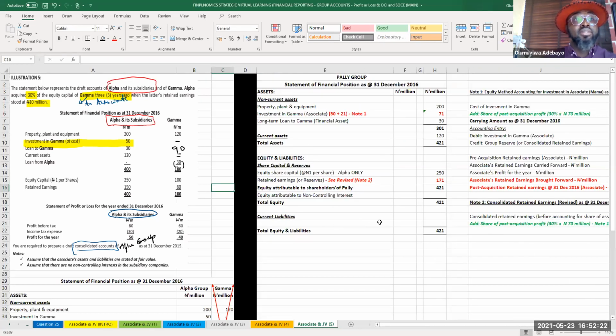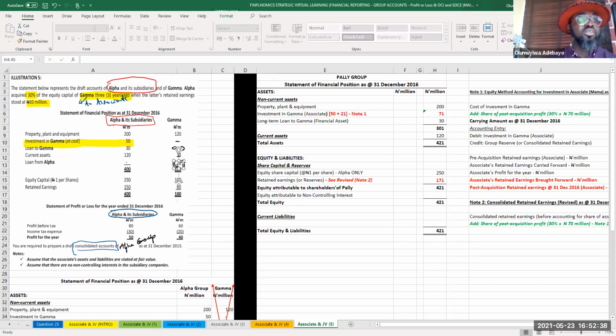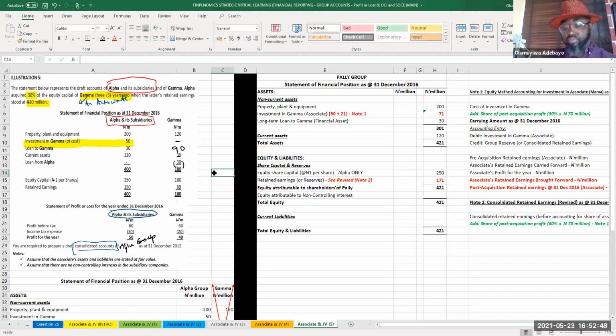Okay. And that is that. At the end of the day, you find out that we are not consolidating the asset or liabilities of the associates. Any other question?